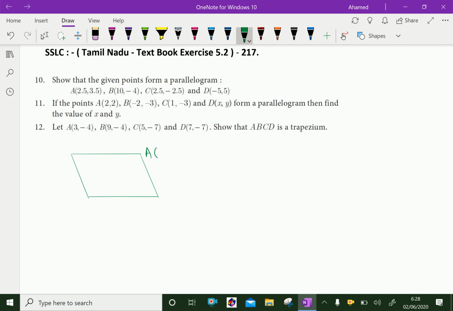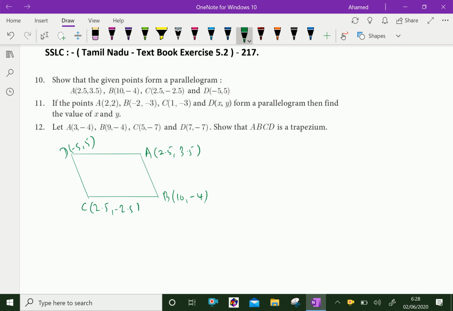Let A be (2.5, 3.5), B is (10, -4), point C is (2.5, -2.5), and point D is (-5, 5).